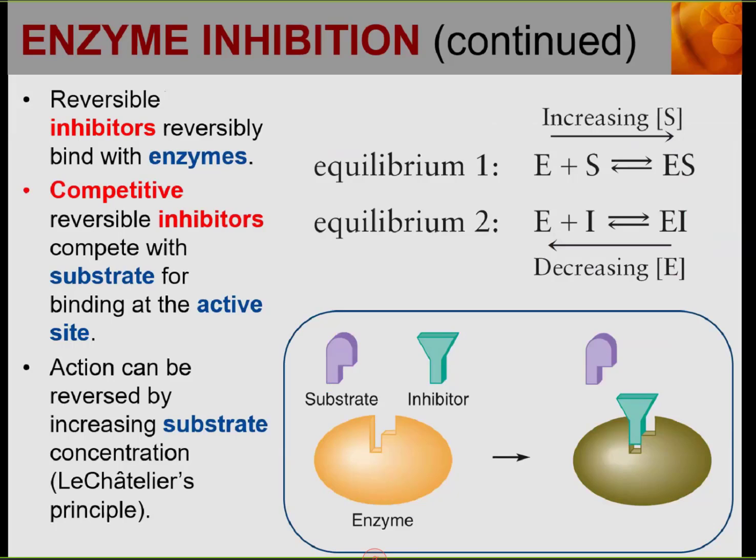So as you pull enzyme out and make the enzyme substrate complex, you need more and more enzyme. And so that has the effect of reversing the second reaction to produce enzyme so that the enzyme can be used in the first reaction. So that's the effect of increasing the concentration of substrate when you have reversible enzyme inhibition.